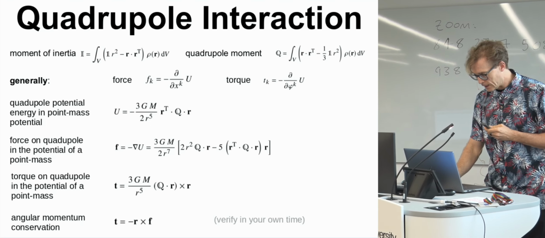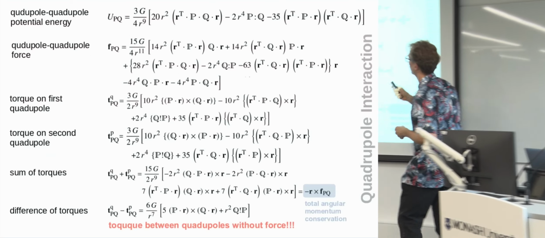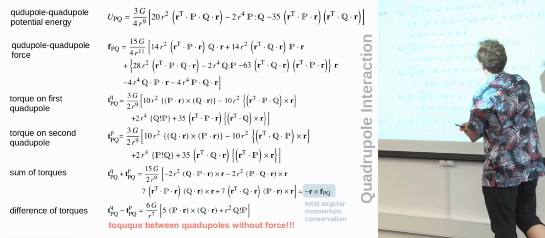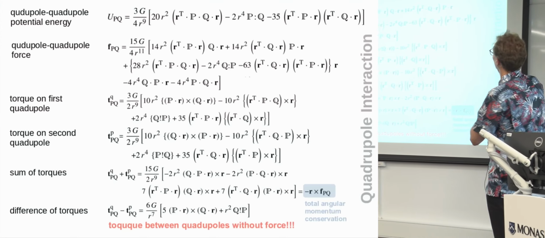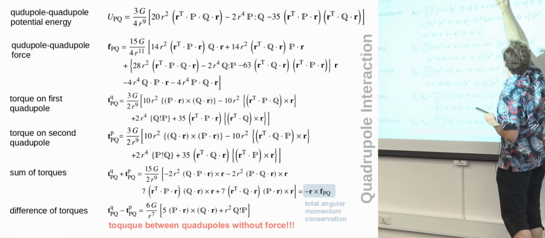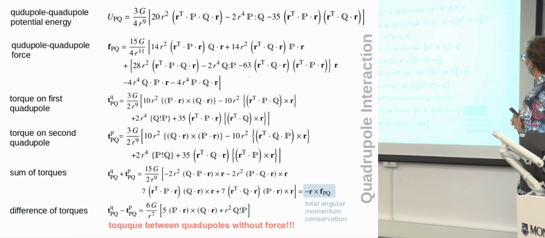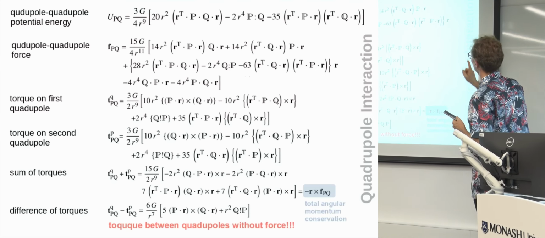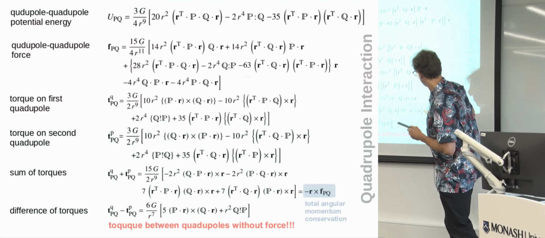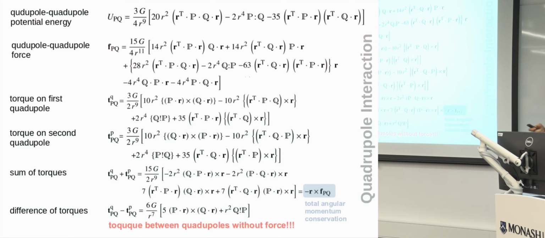It gets slightly more complicated when we have quadrupole interactions. So we have two quadrupoles, I call them P and Q. Then the potential becomes a somewhat longer expression. These shapes here are tensors, the quadrupole tensors, and this is some kind of symmetric double contraction. I don't know how this is usually done, but I chose that symbol, and somewhere else there's an antisymmetric contraction with an exclamation mark.